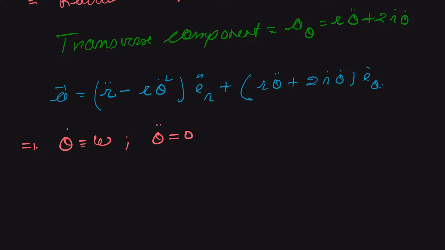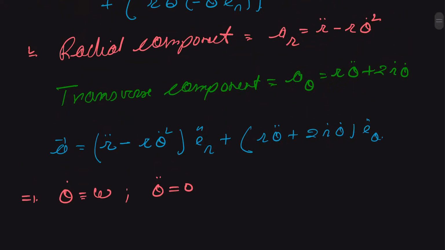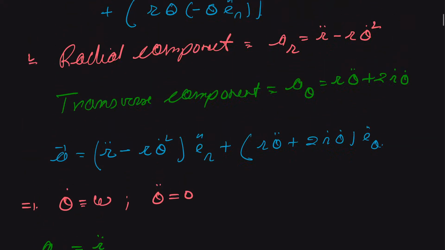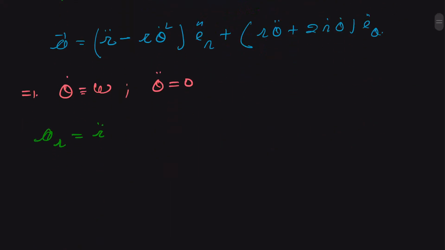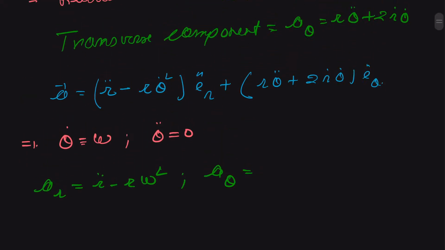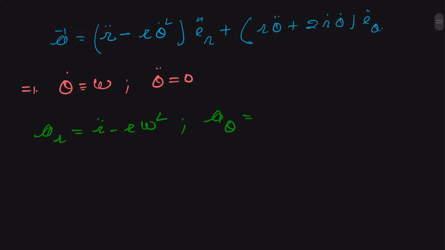So if we substitute, we get a_r, the radial component, equal to r double derivative minus r omega squared, and a_theta, since the theta double derivative is 0, comes as twice omega r single derivative.